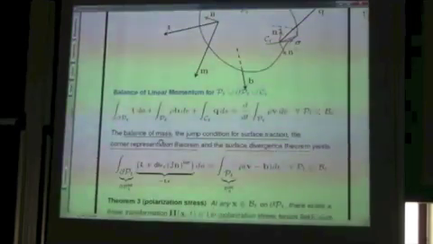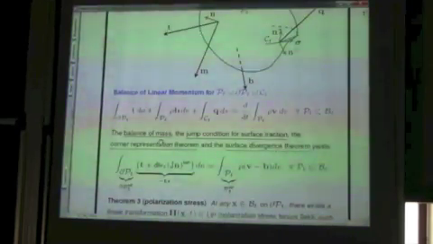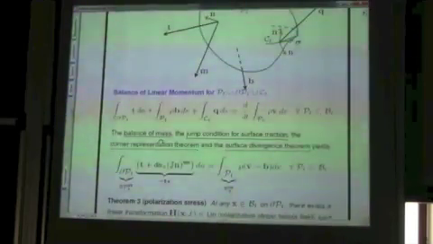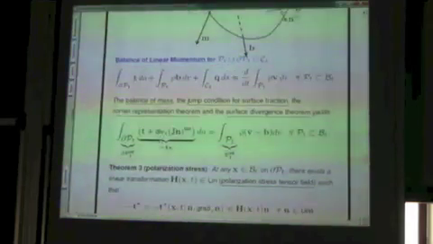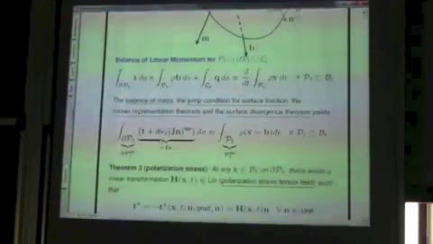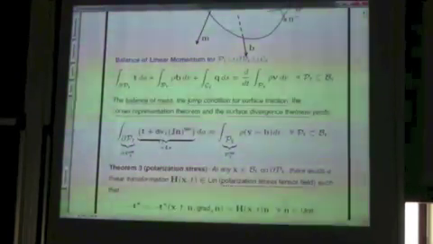You can prove that this minus t star, which I've used now the jump condition, function of n, surface gradient of n, is a linear function of n. It does not depend upon the surface gradient. You can prove that.